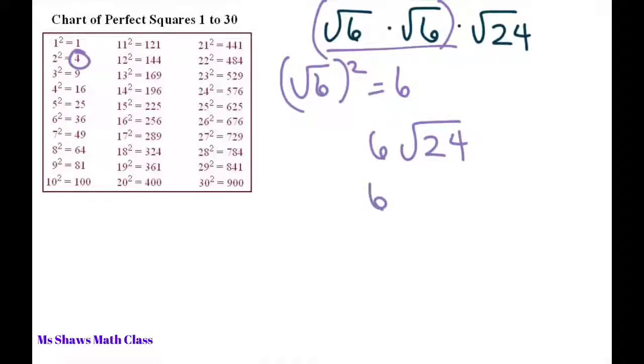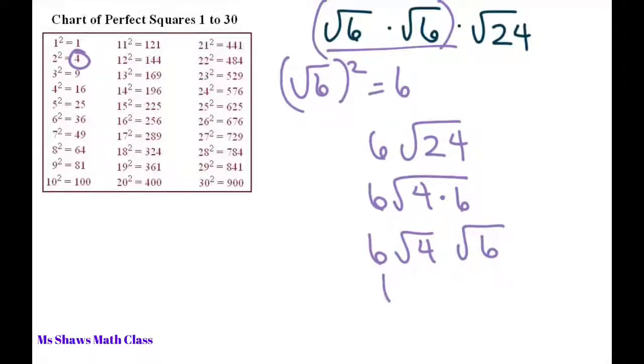So 6 times the square root of 4 times 6, which is 6 square root of 4 times the square root of 6, which is 6 times 2 times square root of 6, which is going to be 12 square root of 6. And that's it.